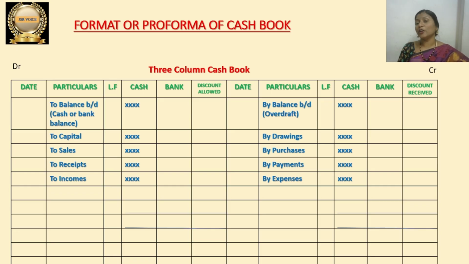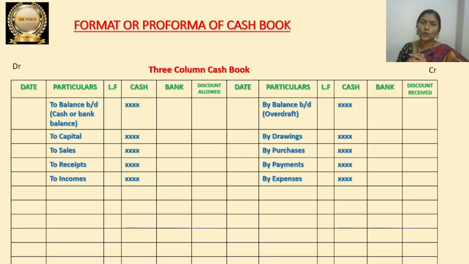And on the credit side, if you observe, I have also written By balance brought down. If cash is available in the hands of the business or in the bank of the business, then we write on the debit side, that's fine. But if any overdraft balance is there for the business, overdraft means amount withdrawn from the bank more than our deposits.